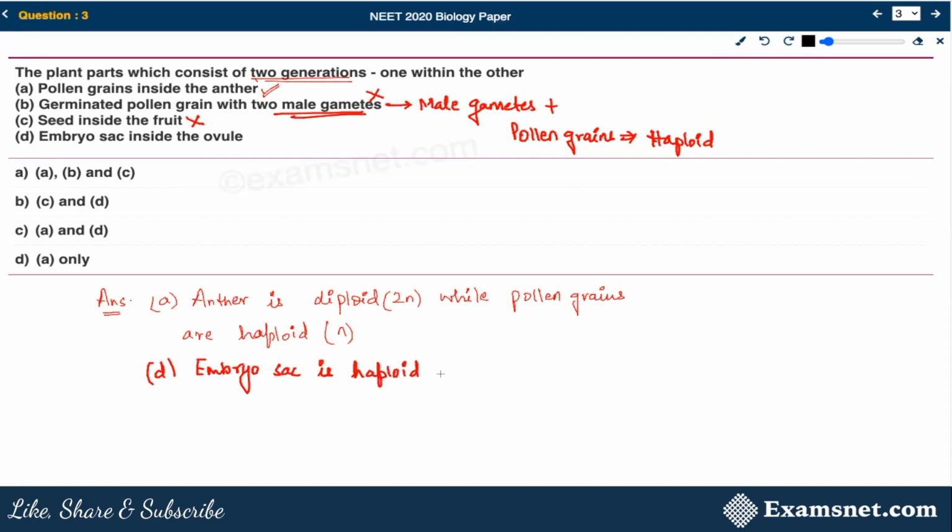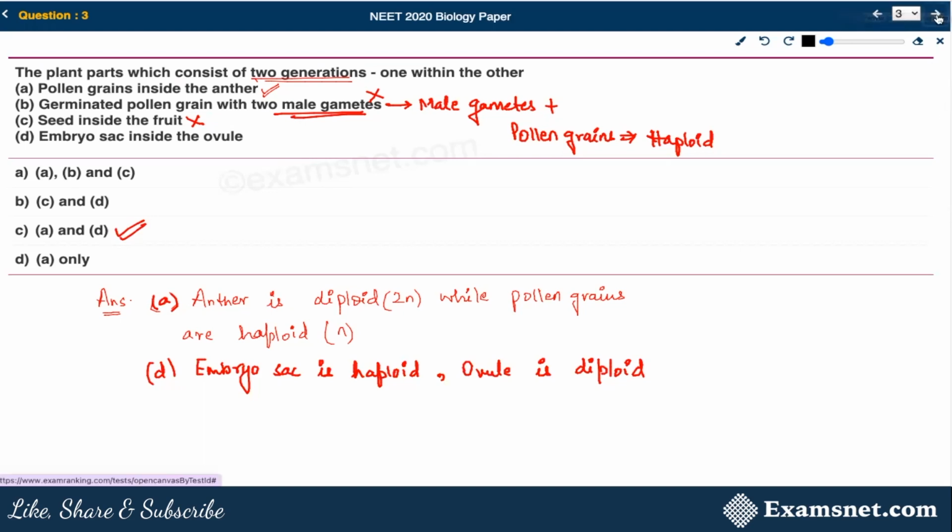And ovule is diploid because inside the ovule, the embryo sac is found. So again, the two generations are found. Technically, there are two correct options, that means A and D, which means option C is the correct answer over here. Clear? So this is the third question that we have seen.